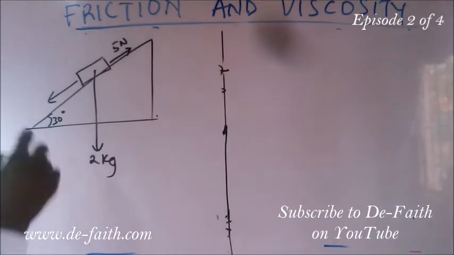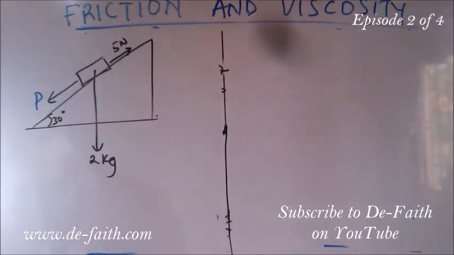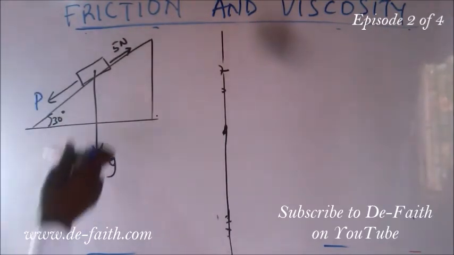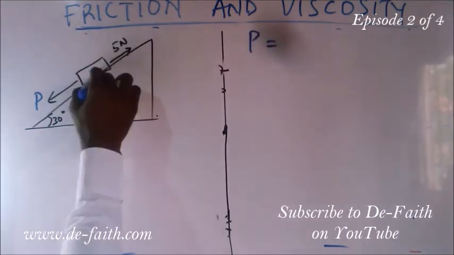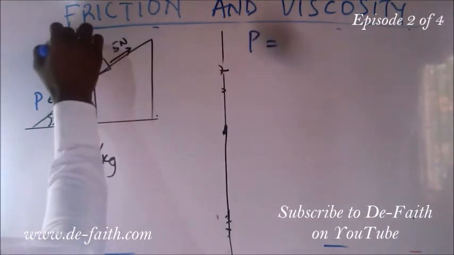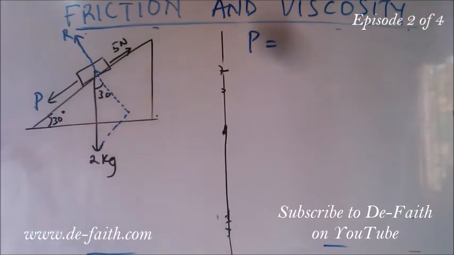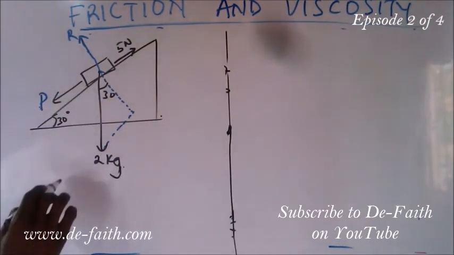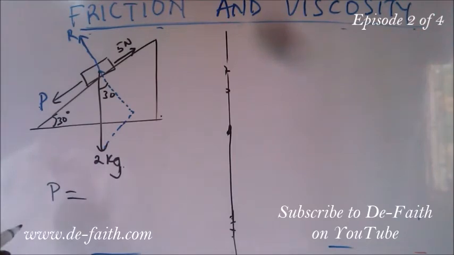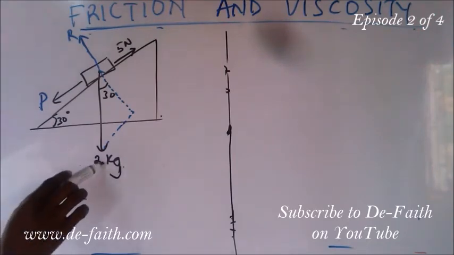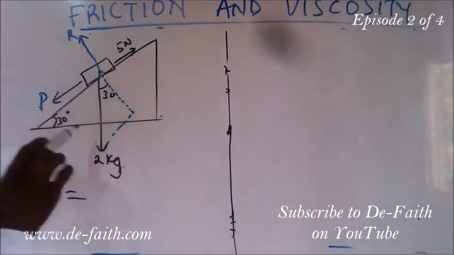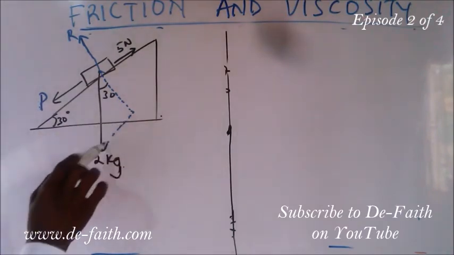Now in this question, we have to calculate the P, that's the force that's acting downwards. It will be necessary for us to have our normal reaction here. We were told that this is 30 degrees, hence this place is 30 degrees. The force acting down here is P. Now for us to get the P, we can get it by making use of this 2 kilograms, and then this P is resolved in this direction.